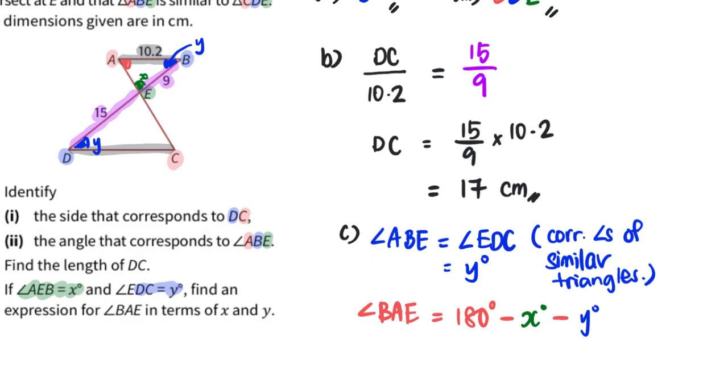And do take note, this will be the final answer, since we have successfully expressed angle BAE in terms of X and Y. This is simply the angle sum of a triangle.